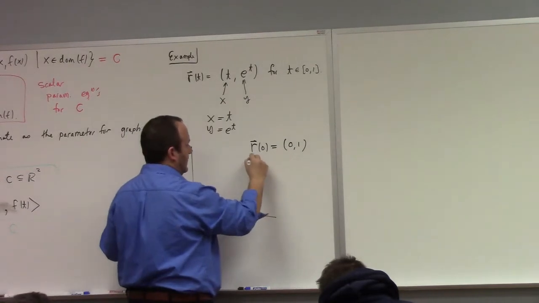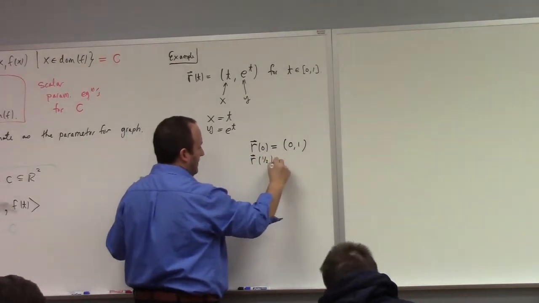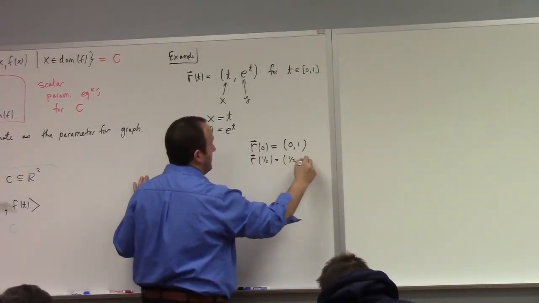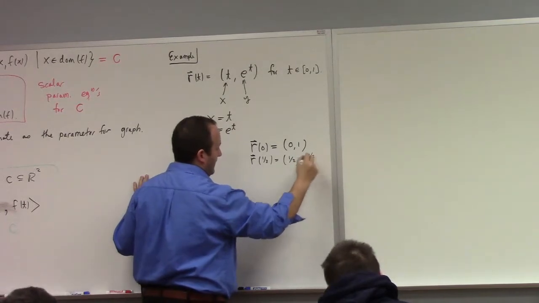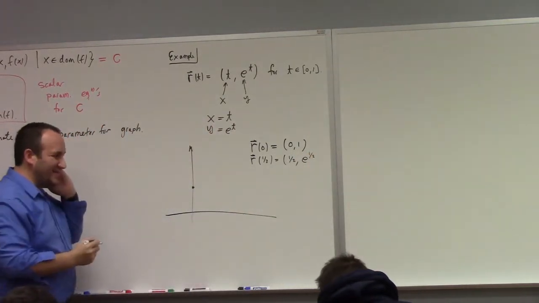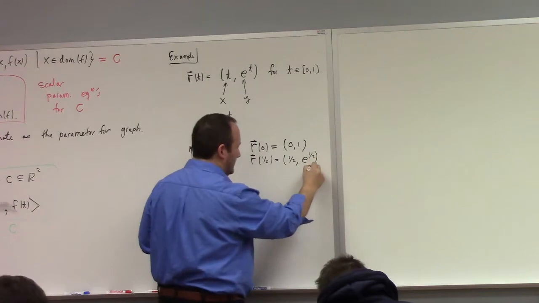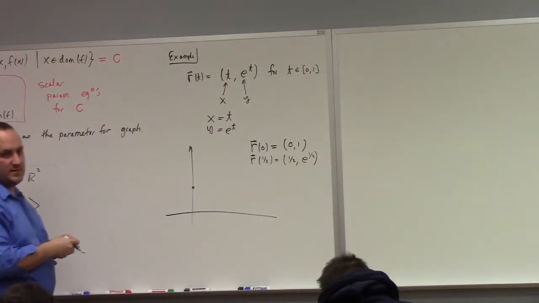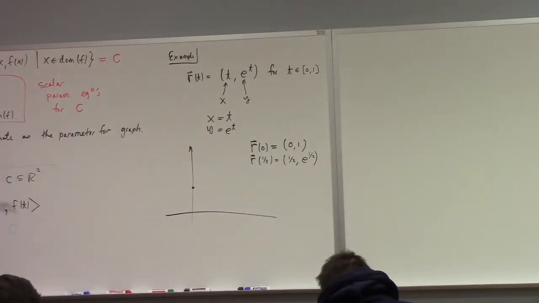What's R of a half? Yeah, 1/2 comma e to the 1/2, which is what? Well, that's 1/2 comma e to the, what's the square root of e?